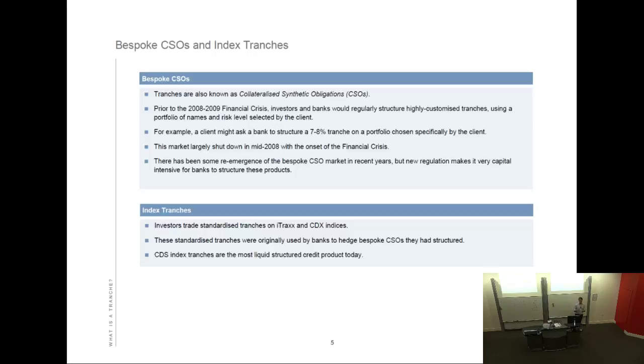So there's iTraxx Main, the index, there's iTraxx Main options, and there's iTraxx Main tranches. And that has a lot of benefits because that means there's easier netting, there's less counterparty exposure, but there's of course also a bit less flexibility. But index tranches nowadays are the main way market participants trade tranches.